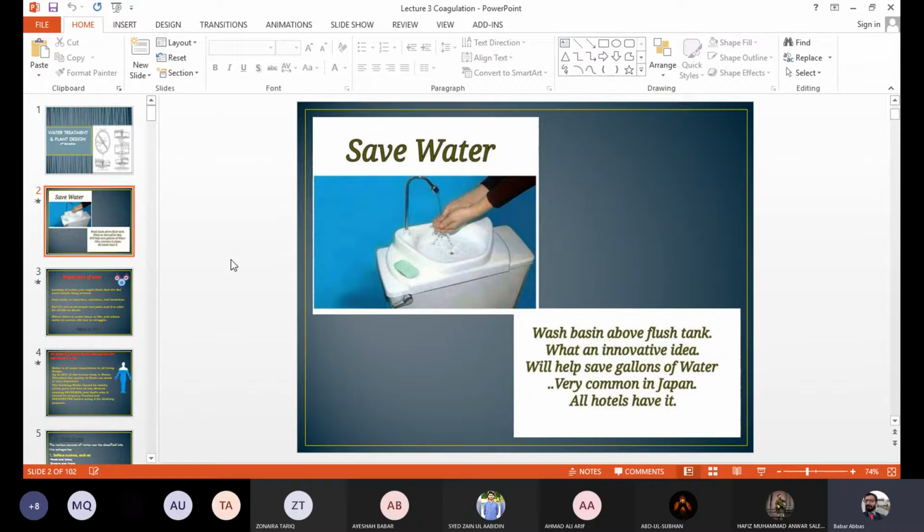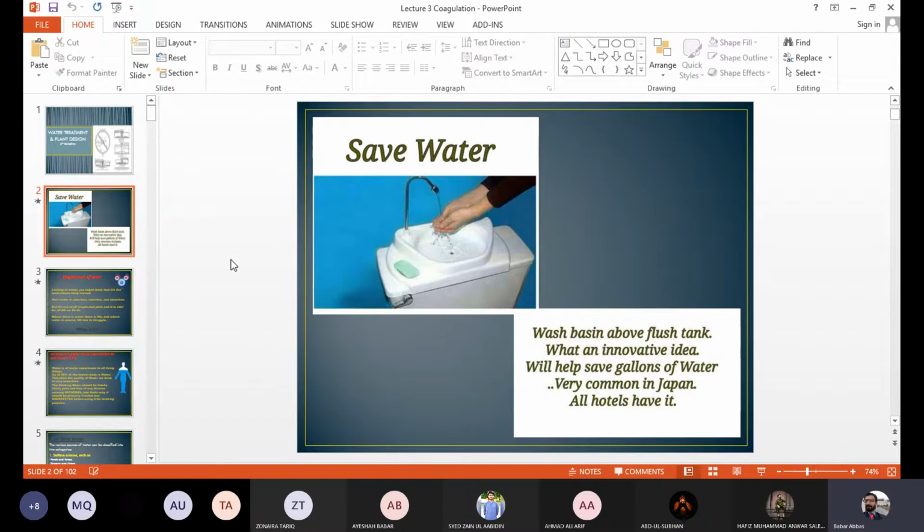Yeah, it's just a simple example of conserving the water and reusing the water. In fact, it must be in that category that you are reusing this water for flushing, rather than using the fresh water or depleting the fresh water resource unnecessarily.